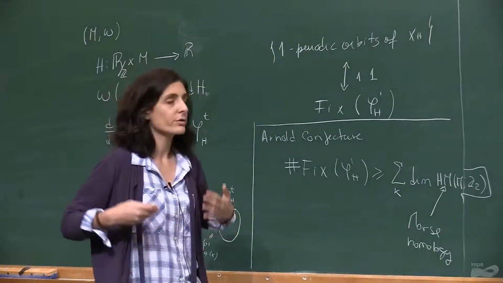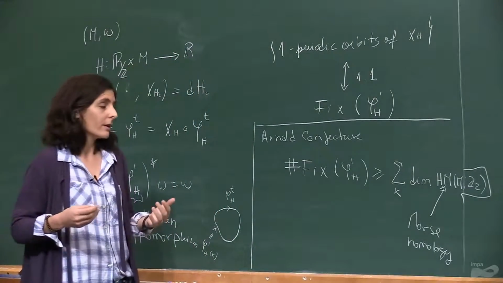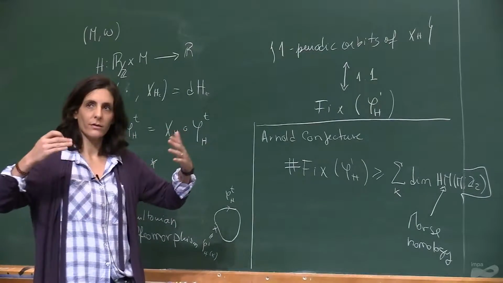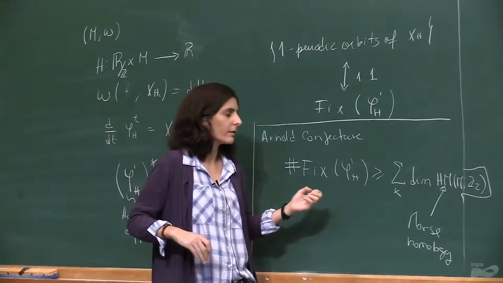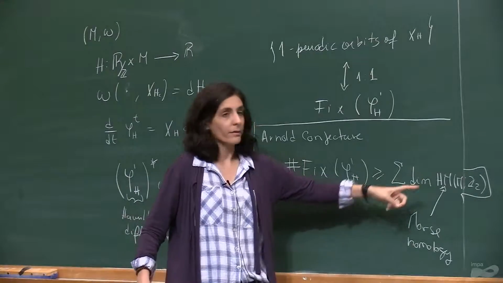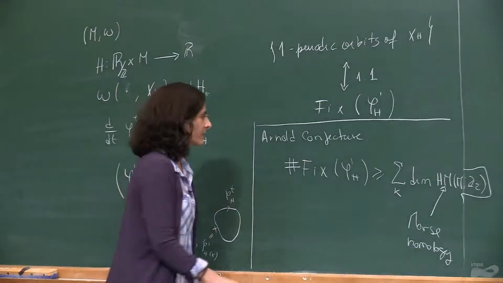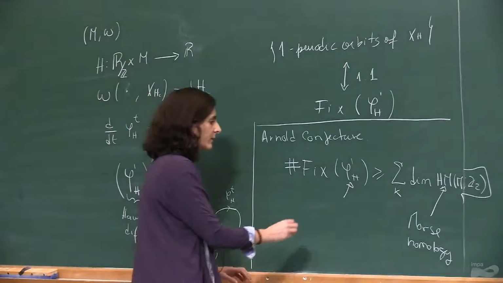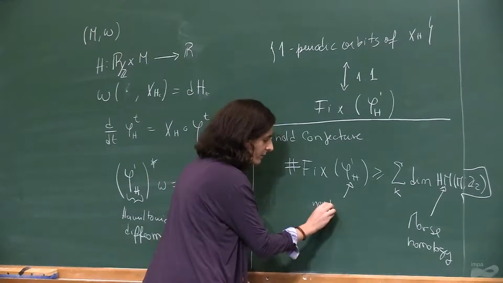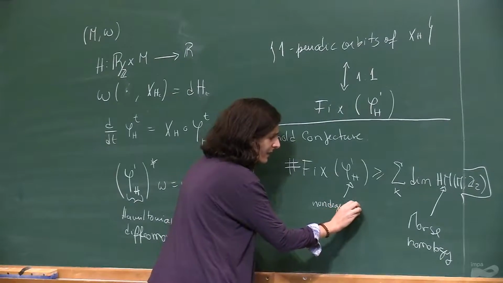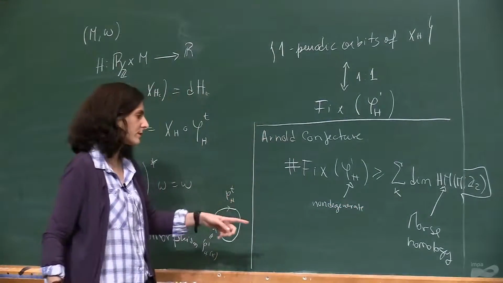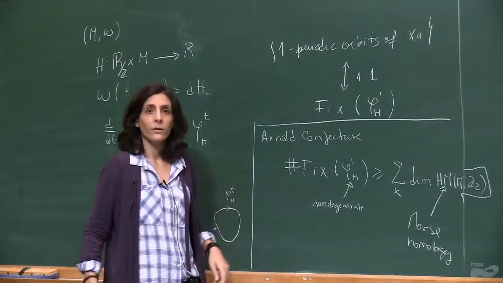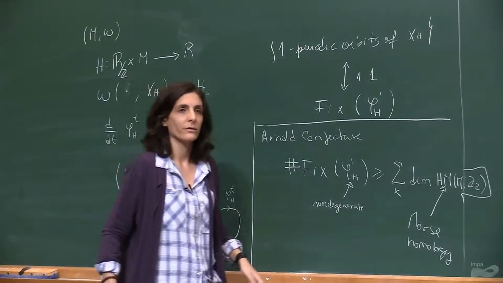So the way we construct the Floer homology, at least the idea, is very similar. The steps we take in the construction are very similar to the ones in the Morse homology. Let me just say that at some point I'll need to assume something on this Hamiltonian diffeomorphism. I'll assume it is non-degenerate. So hopefully I'll have time to say something about the proof of this result, and I'll define also what is non-degenerate.